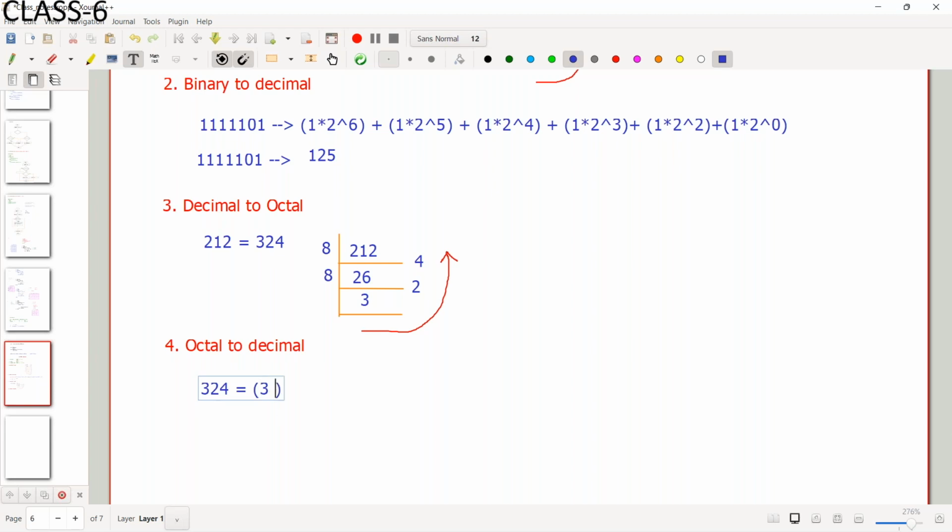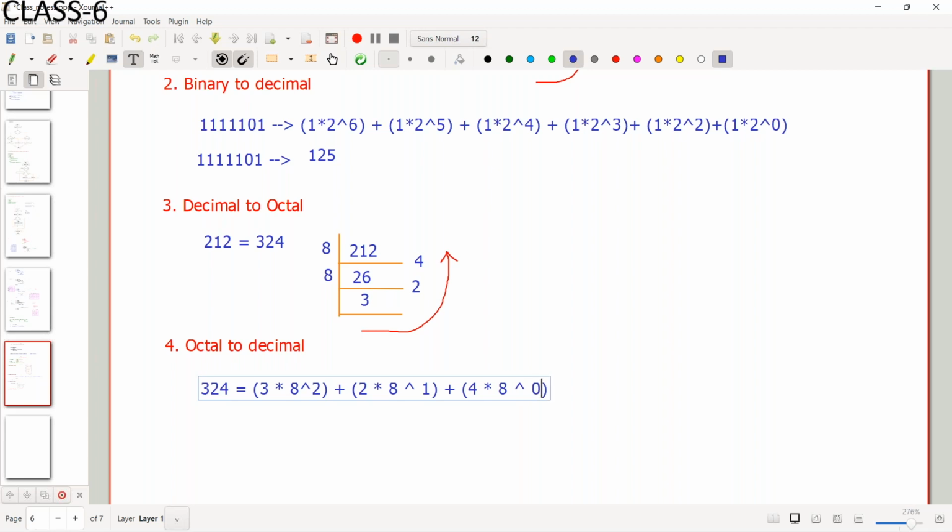So 3 into 8 power 2, plus 2 into 8 power 1, plus 4 into 8 power 0.